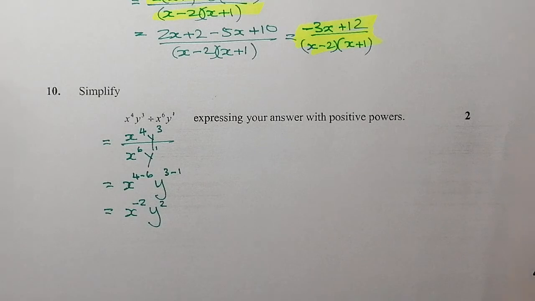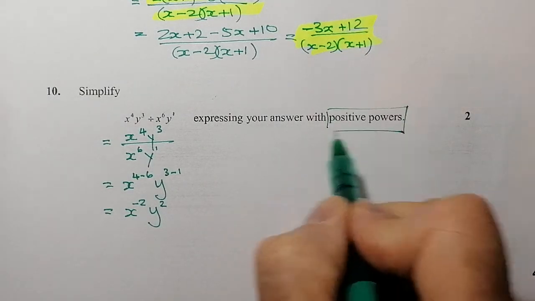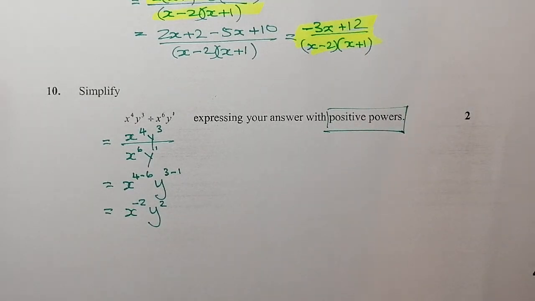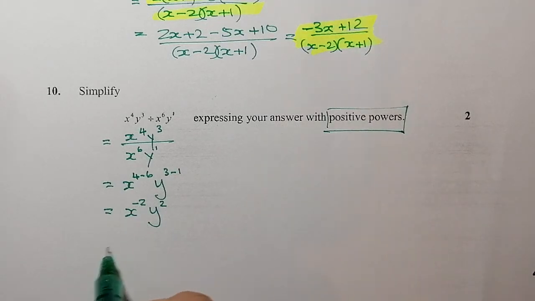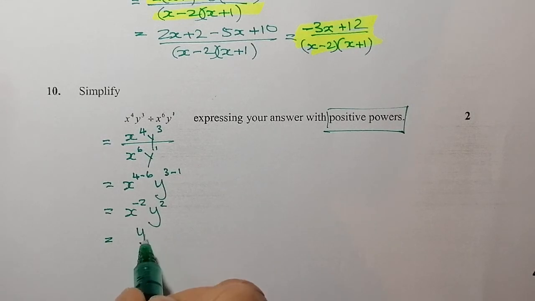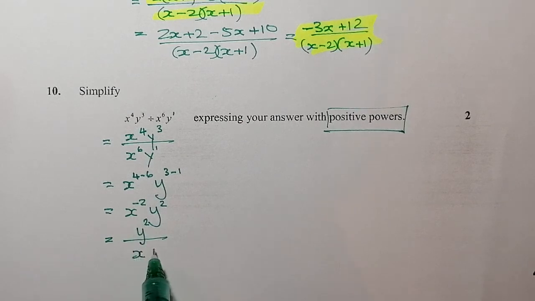Now I might think that's me finished, but with this question I've got to make sure that I write it with positive powers. There's a negative power on there. So the way I'm going to sort that out is I'm just going to take that to the bottom line. So on the top, I've got y squared. On the bottom, I've now got x to the power of 2. Not a negative, but to the power of 2. And that should be me completed that question.